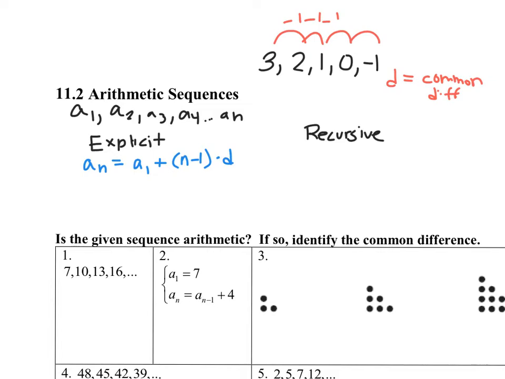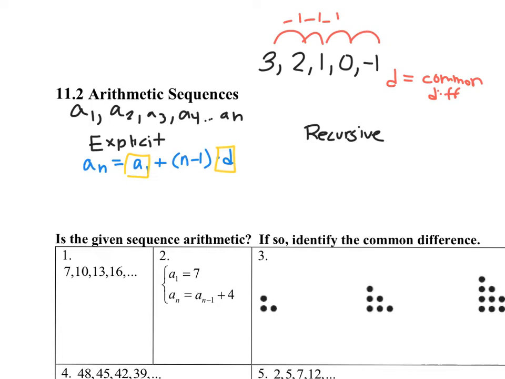So n in this one stands for, if you're trying to find the 10th term, then n would be 10. If you're trying to find the 12th term, then n would be 12. This is the first term and this is the common difference. So when you're writing the explicit formula, you always want to find the a1 and the d, and then everything else stays the same.